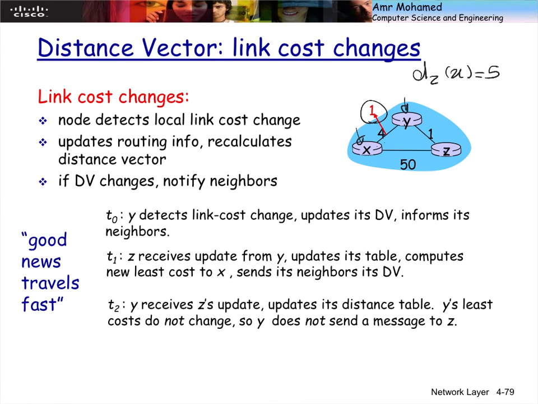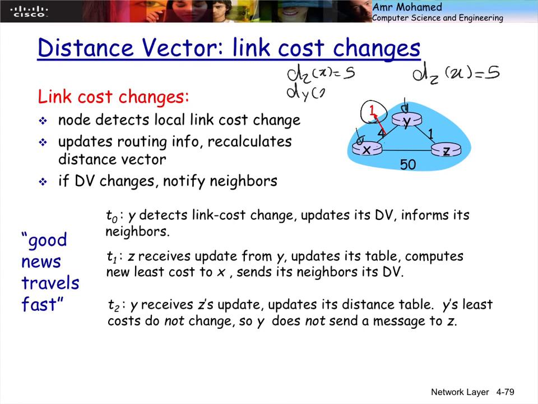Why? Who detected the link cost change? Y. Z cannot detect that. So Z still has in its distance vector that the cost to X is through Y, and it's 5. So the vector of distances that Y has is that dZX is 5.